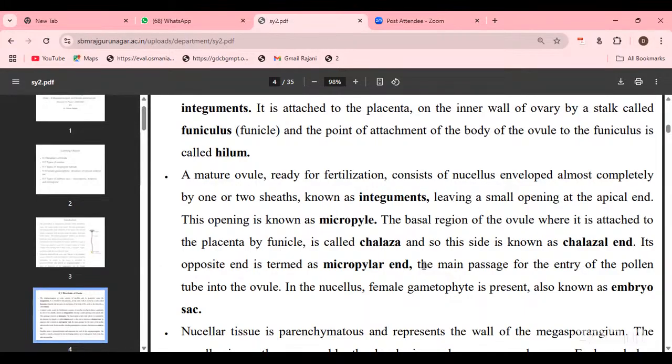That is called the integument: outer integument, inner integument. Ovule.